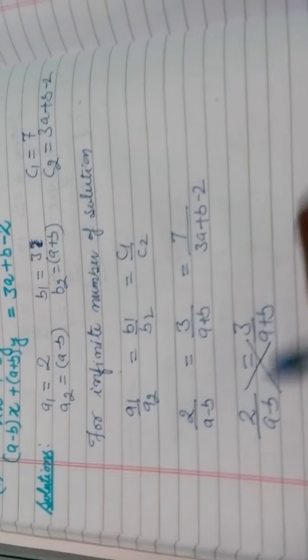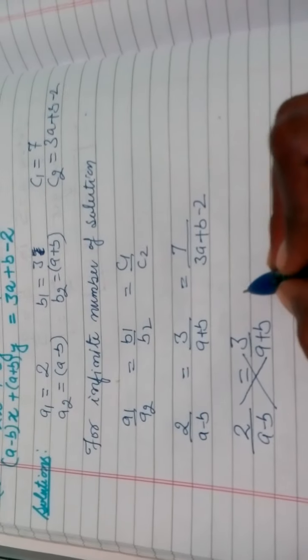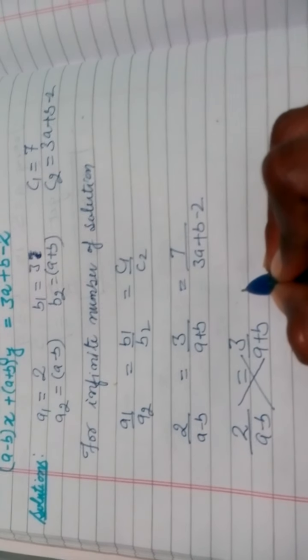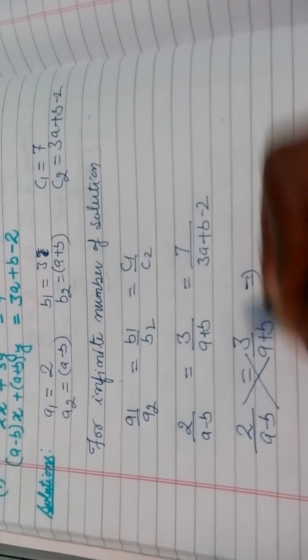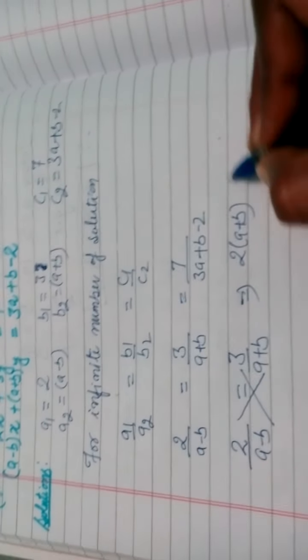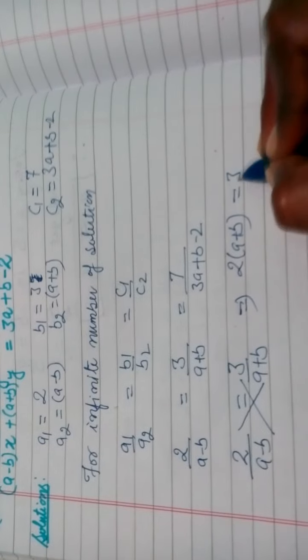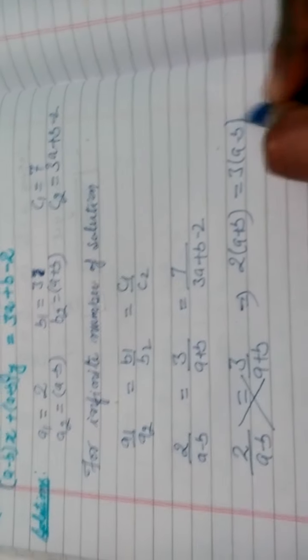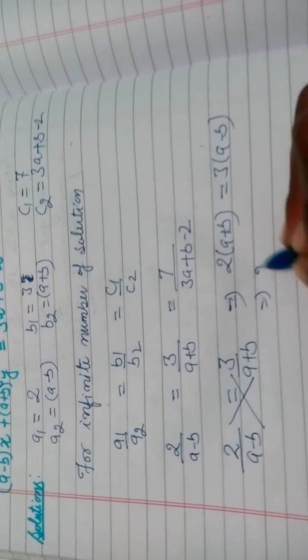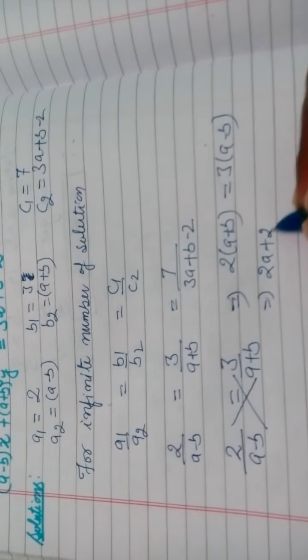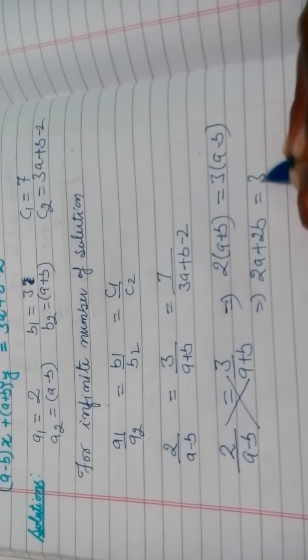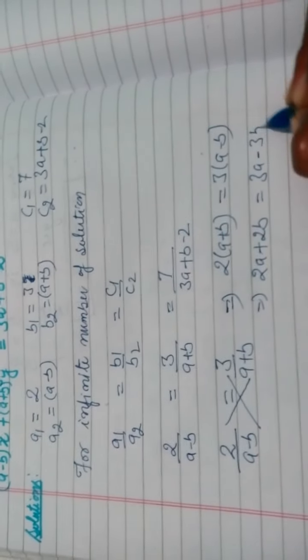First you do simple cross multiplication, which implies 2 into a plus b is equal to 3 into a minus b, which further implies 2a plus 2b is equal to 3a minus 3b, right?